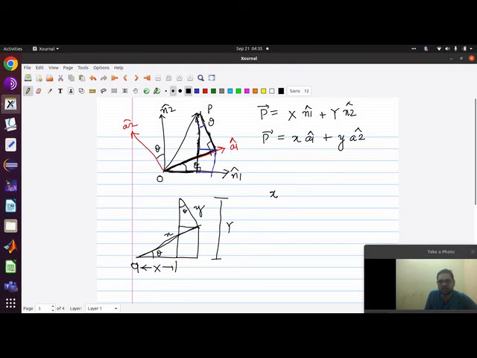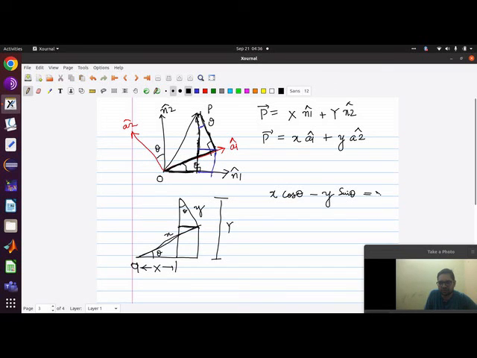small x cos theta is this whole length, minus small y sin theta. This small y sin theta is this, which is nothing but this length.